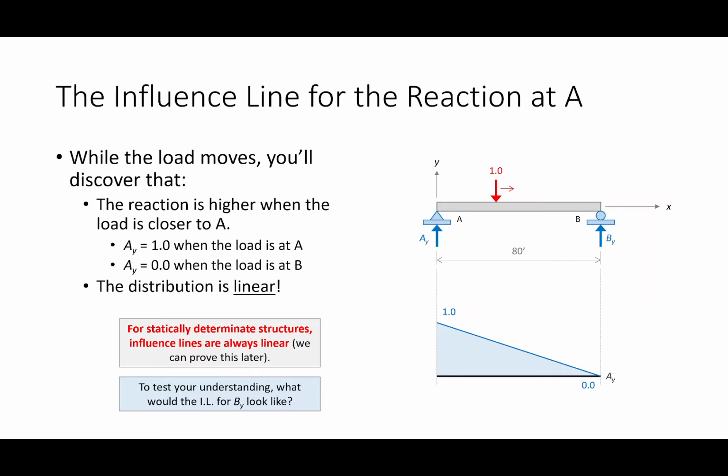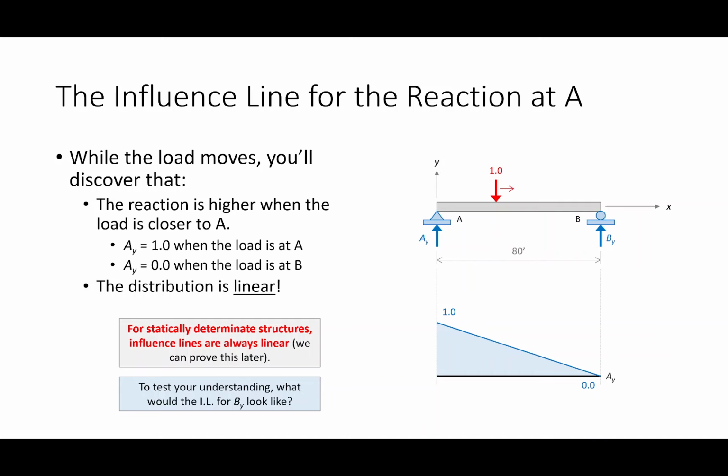Pretty simple, right? Now there's a lot of information packed into this influence line. And we're going to learn how to use influence lines more directly, but a little bit later. But let me say this. I have constructed an influence line for this load.